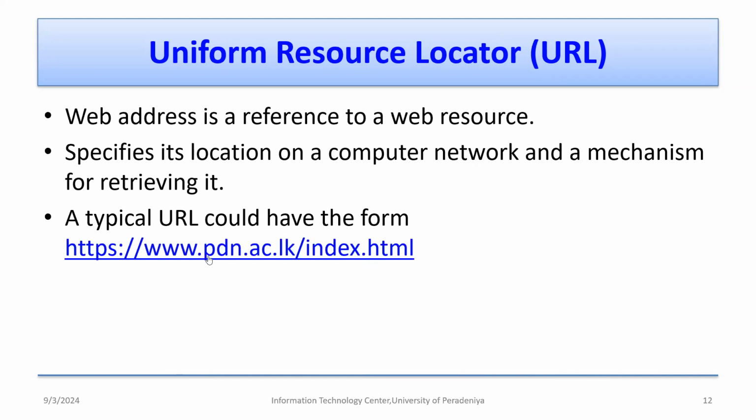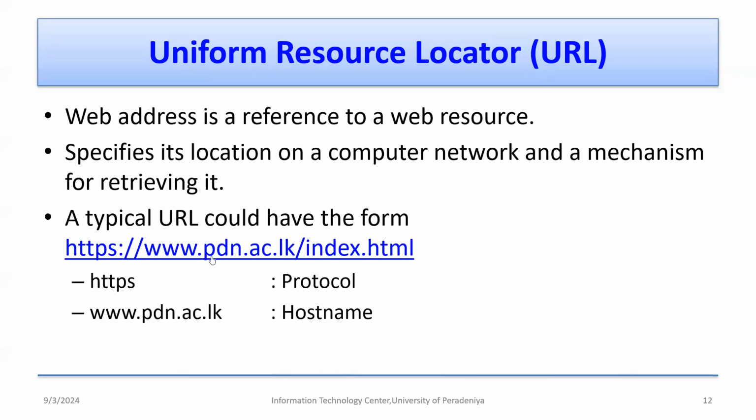This URL consists of a protocol, which is used to decide how to access it. Here we use the HTTPS secure protocol. And this is called the host name, which is the location that contains this website.